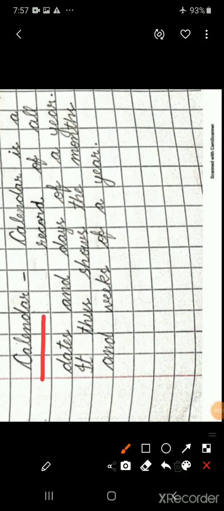Now on the downside of this page you will write about the calendar. CALENDAR. You will write about the calendar. A calendar is a record of all dates and days of a year.